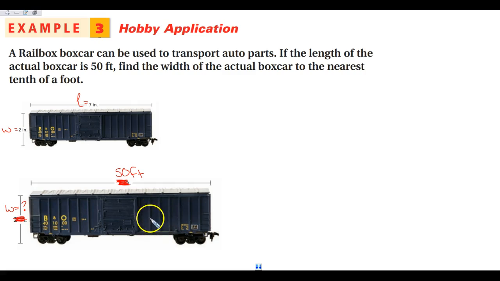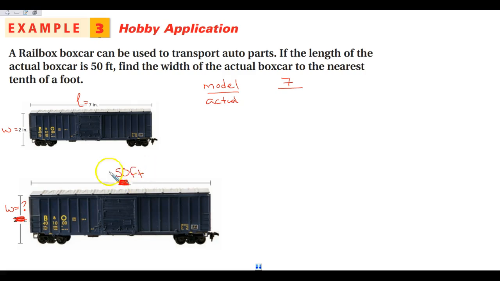So what I'm going to do here is set up a proportion where I put the model over the actual figure. So I'm going to do the smaller one to the larger one. The length of my smaller figure is 7 inches.